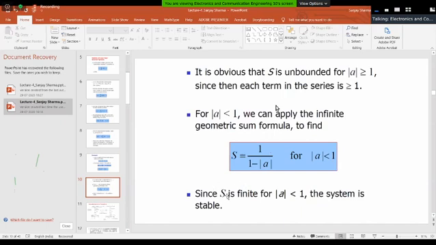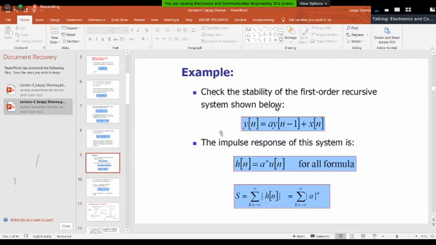So S is finite for modulus of a less than 1. The system is stable for modulus of a less than 1, but not stable for modulus of a greater than or equal to 1, because the output is not bounded here.